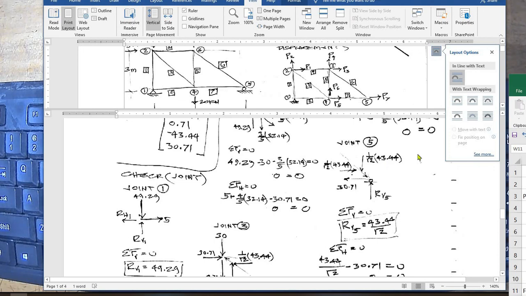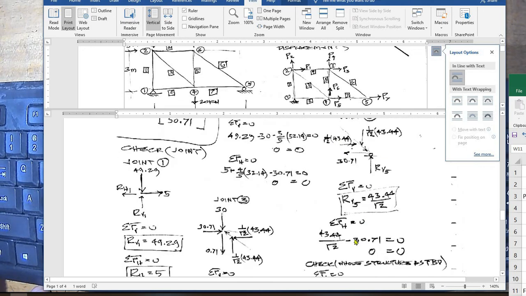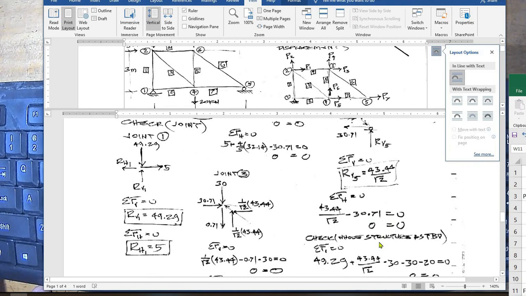And summation of horizontal forces equal to 0. You'll notice that we have no horizontal reaction, but we have F7 and the horizontal component of F6. F7 and the horizontal component of F6 must cancel, since this is a roller support, which happens to be this. Okay? 0 equal to 0. So, that's it guys.